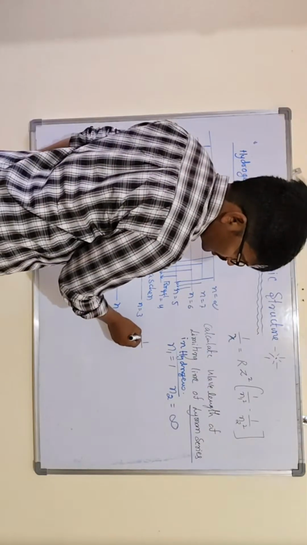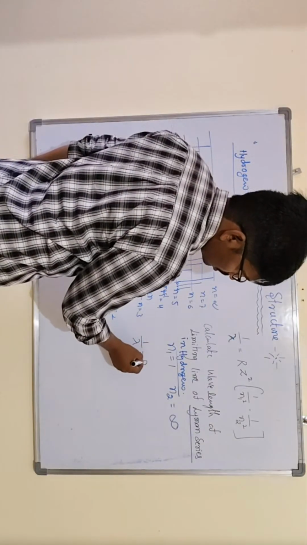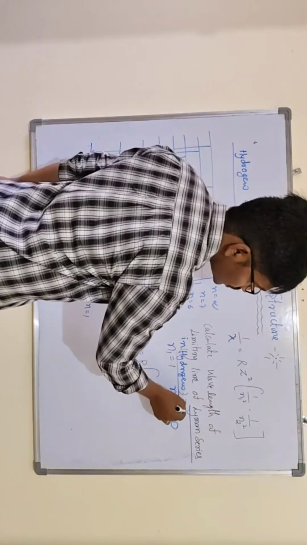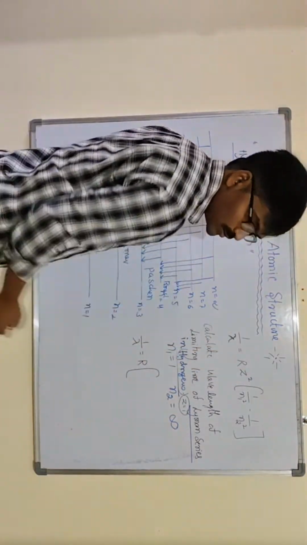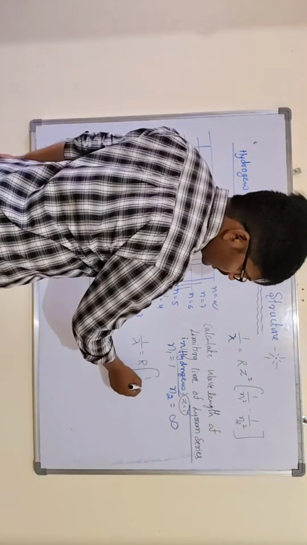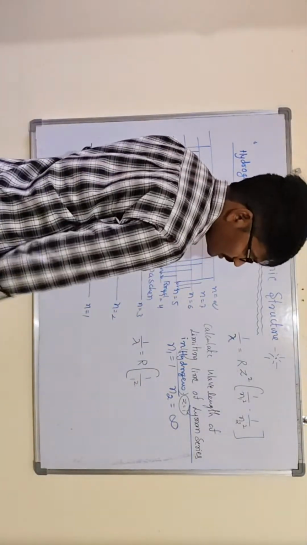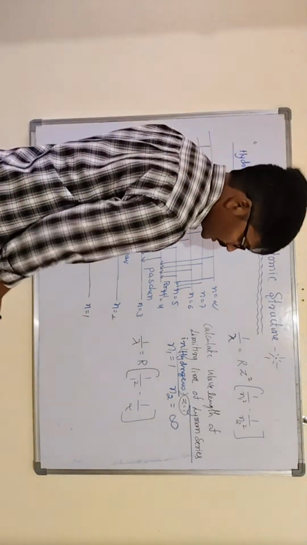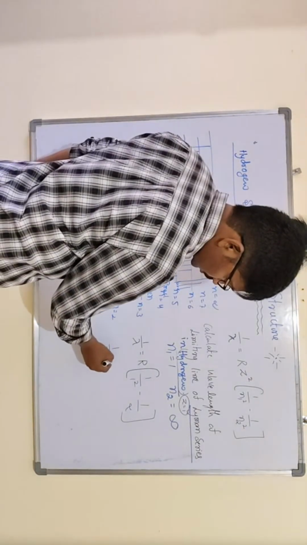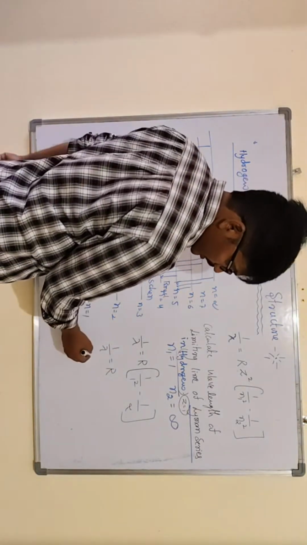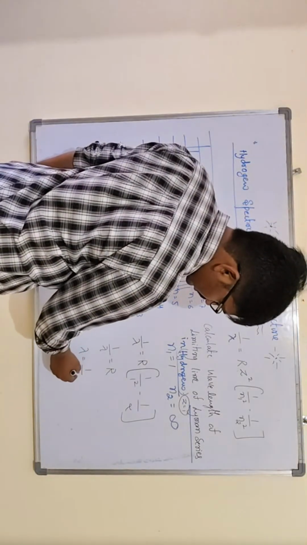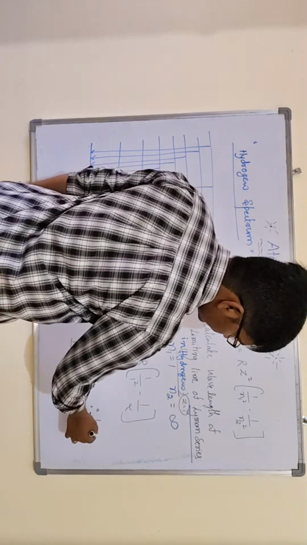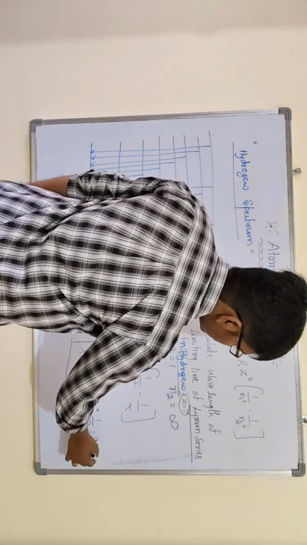So 1 by lambda equals R into 1 by 1 square minus 1 by infinity. 1 by infinity is 0, so you get 1. So 1 by lambda equals R, then lambda equals 1 by R. Remember the shortcut: 1 by R value is 911 angstroms.